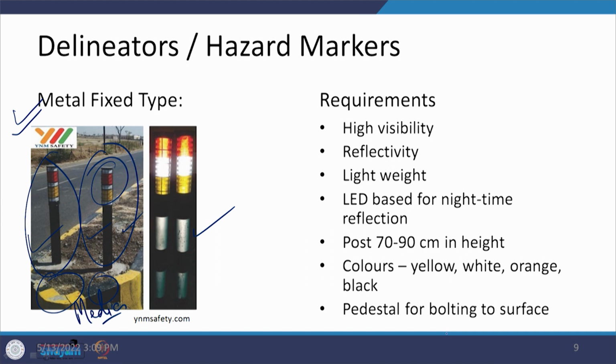Now, when we are talking about these delineators, what are the requirements which need to be ensured? The very first thing is visibility. So, they should be visible. Whatever color codes and designs have been utilized, they should make them visible. Reflectivity is another important thing, because if they are placed at any location during the night time, then the reflectivity will ensure that the drivers will be able to see it when the light beam falls on it.